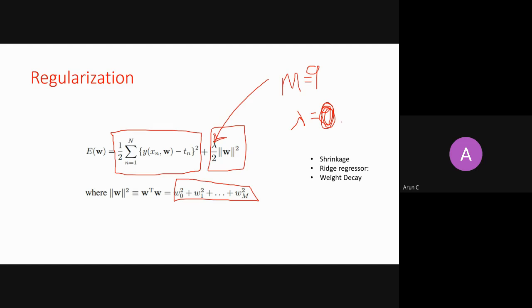But if I take lambda equals infinity, then what will happen? It is highly constrained. What will be the result? Though I started with m equals 9, what will be the effective model I get? What is the power of that model? Sir, a line. M equals 0. Exactly. It is like m equals 0, and you're keeping everything constant. You don't want to grow in any parametric dimension.